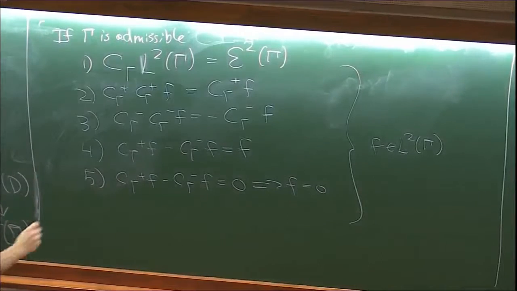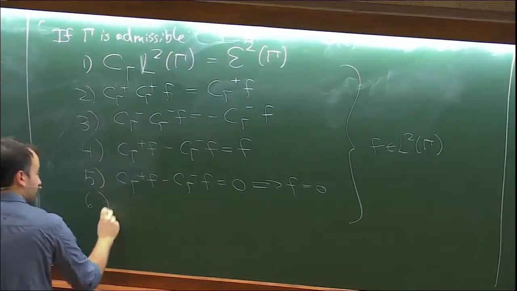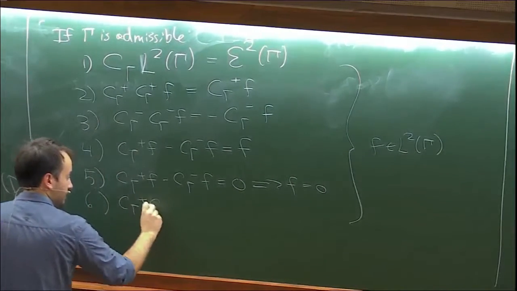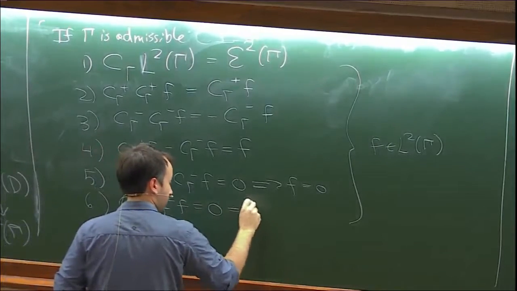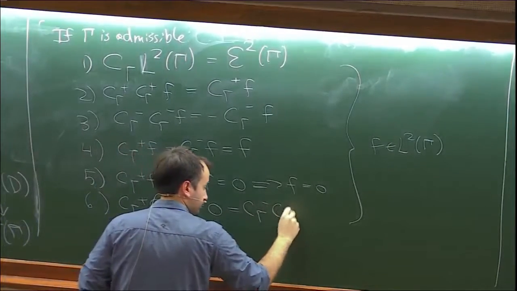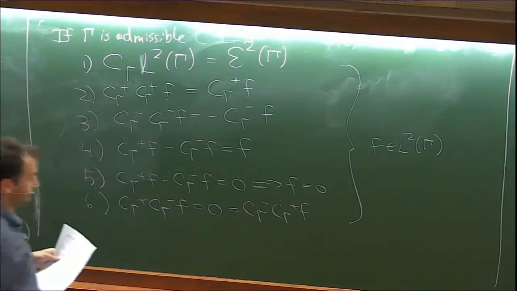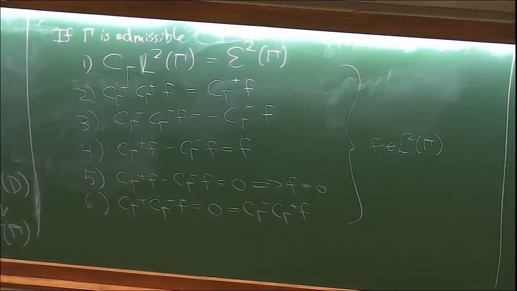And then the last one really follows from these projections: C gamma plus, C gamma minus of f is 0. So they're projections, and you also have this important definiteness.